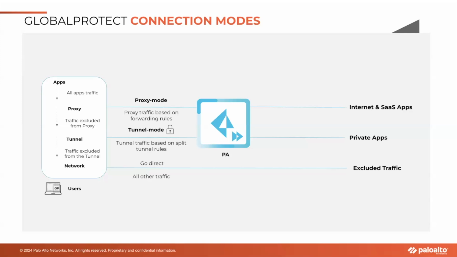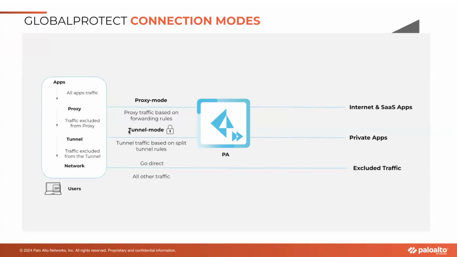GlobalProtect in the proxy mode can be used for internet security. As you can see in the diagram here, any traffic that goes towards the internet and the SaaS application is sent in the proxy mode, which means that it will go through the proxy. Any traffic that is excluded from the proxy will take the tunnel mode, or will get tunneled to the private apps.